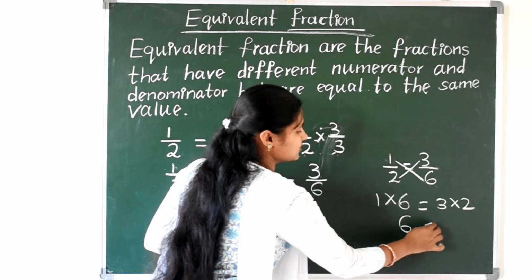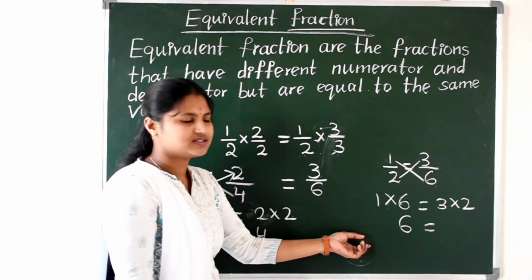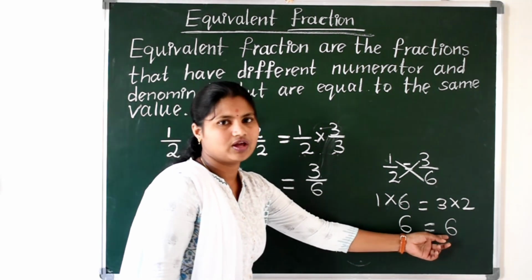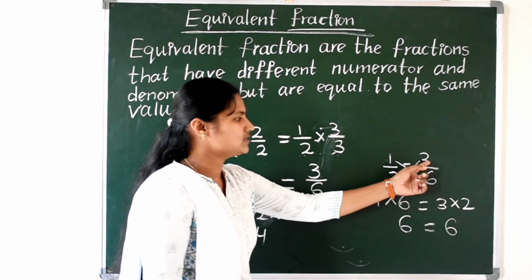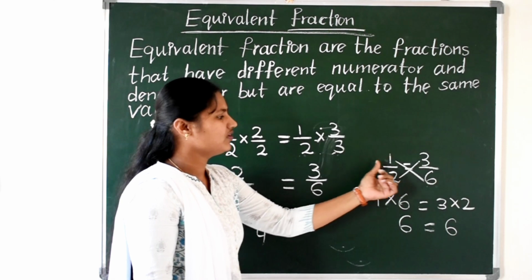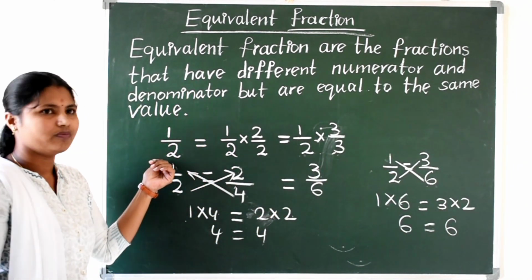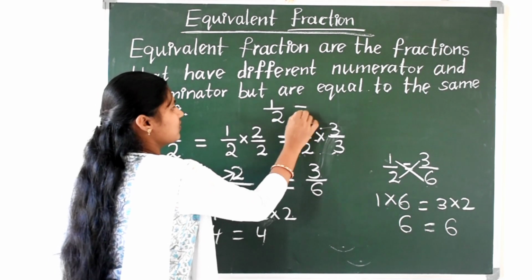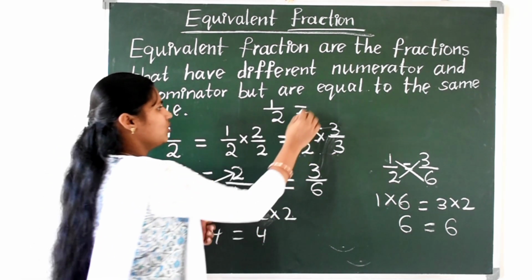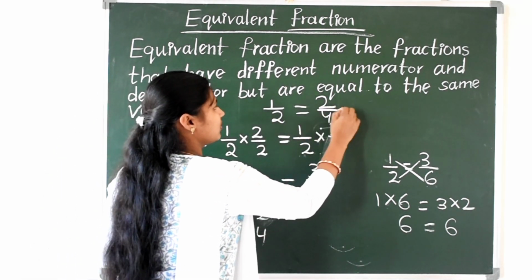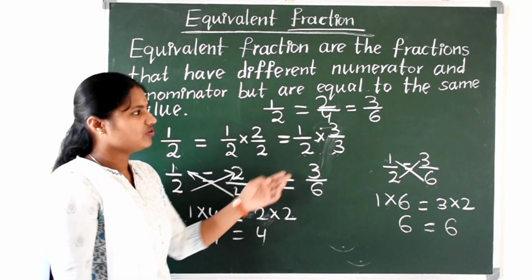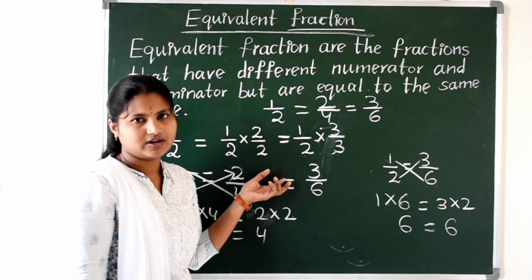Very good, 6. And 3 times 2 equals how much? Yes, 6 only. So here we are getting the same value on both sides. So 3 by 6 is also an equivalent fraction of 1 by 2. Now we can write equivalent fractions of 1 by 2 as 2 by 4 and 3 by 6. If we continue, we can write more equivalent fractions.